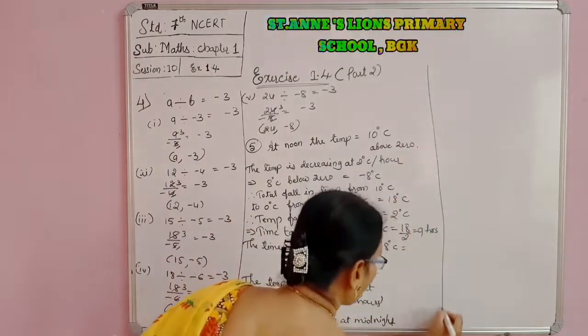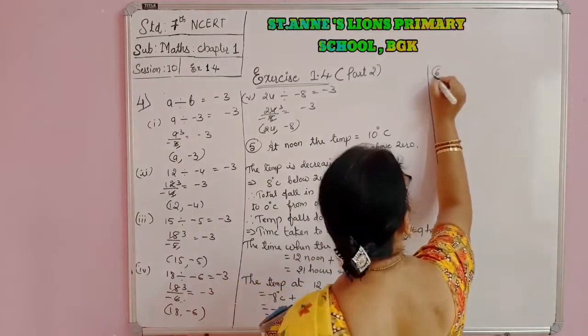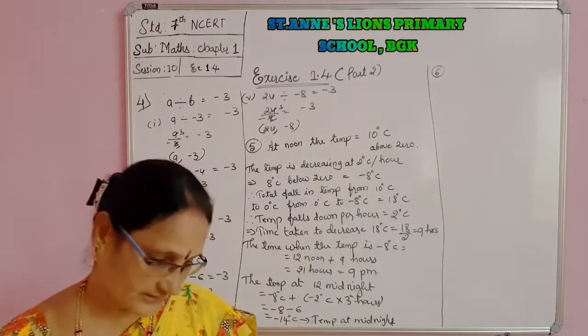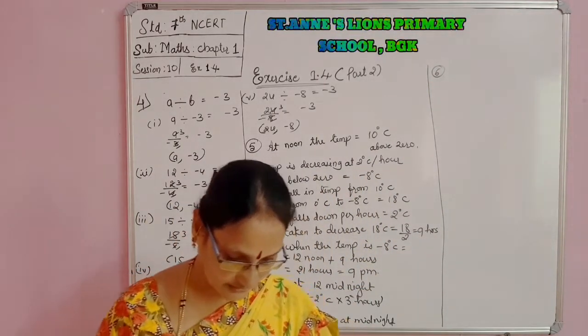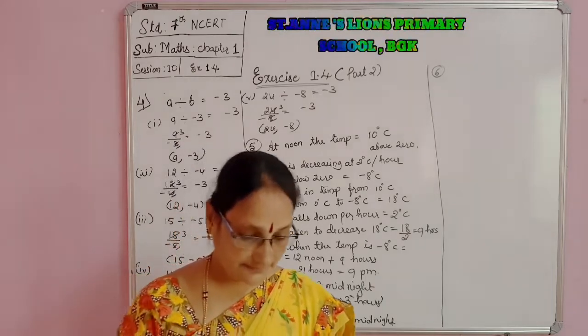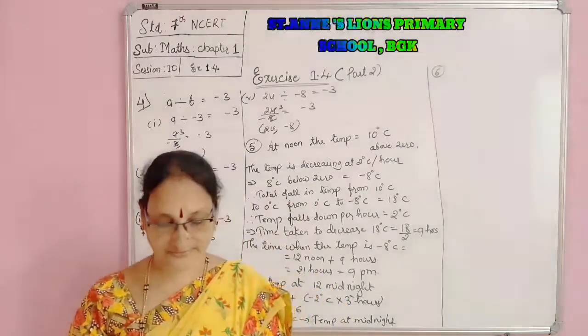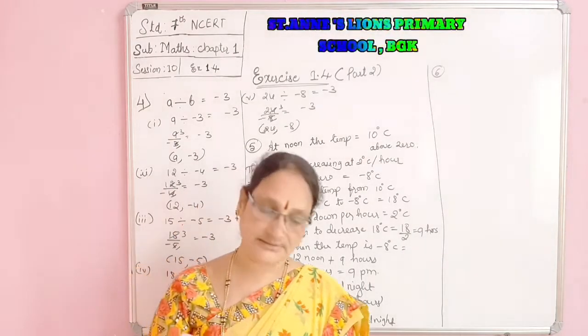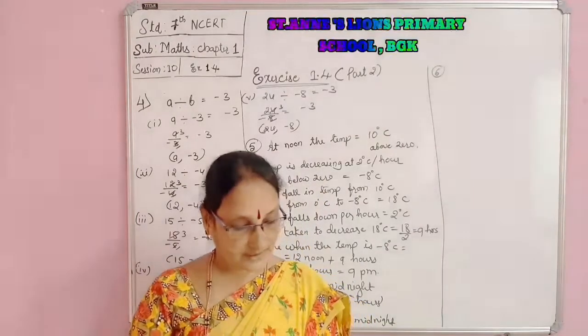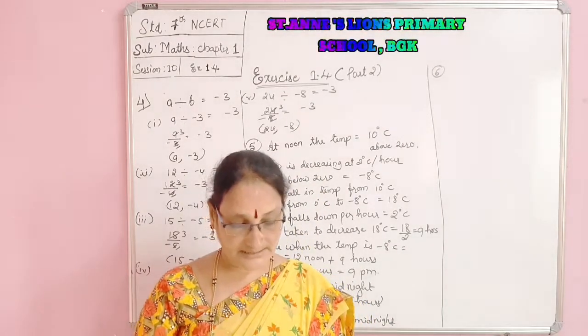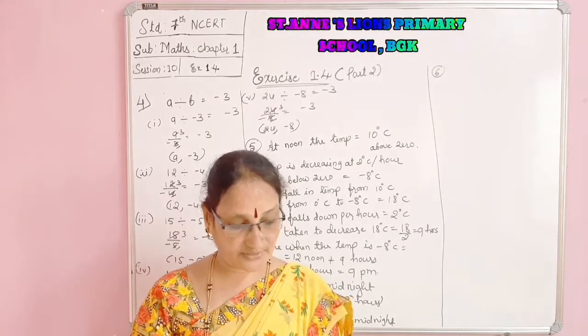Next, the sixth problem is very easy. I'll just explain it. In a class test, plus 3 marks are given for every correct answer and minus 2 marks for every incorrect answer.